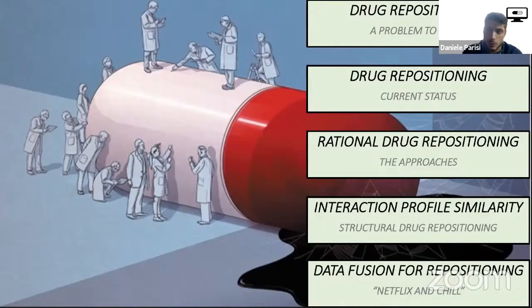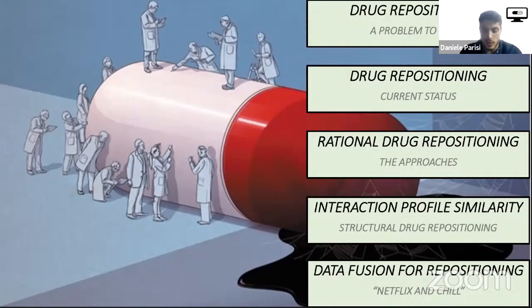We start by talking about the general concept of drug repositioning and what it aims to do. I will follow with an analysis of the current status of drug repositioning and the rational approach, which is usually behind the computational techniques that can help the process of repurposing drugs.